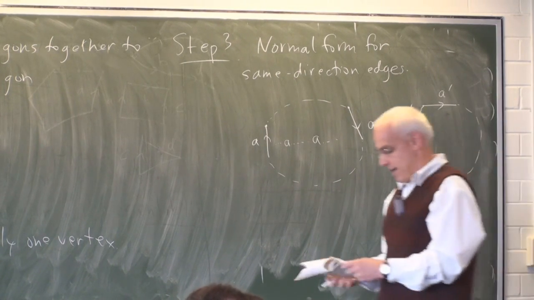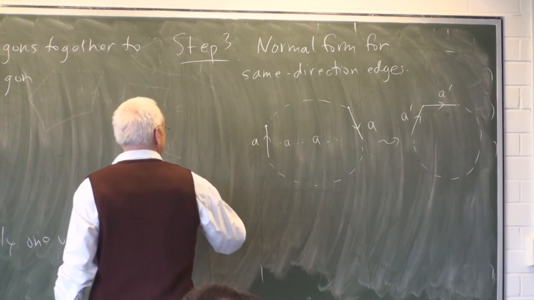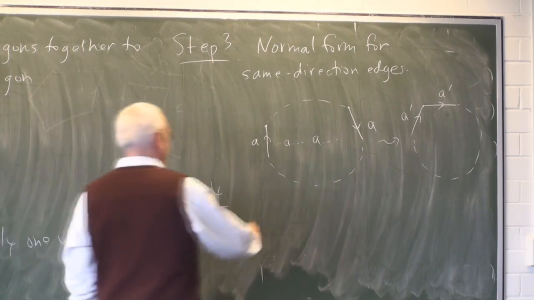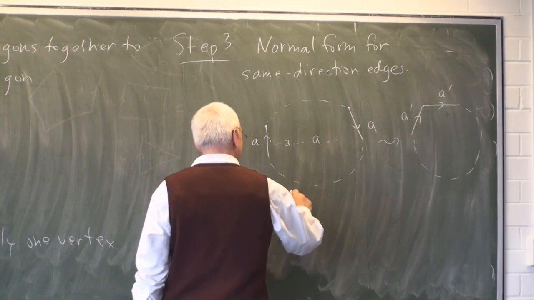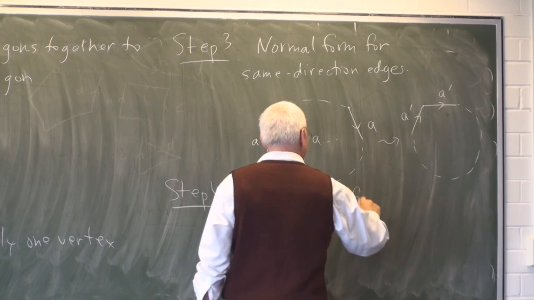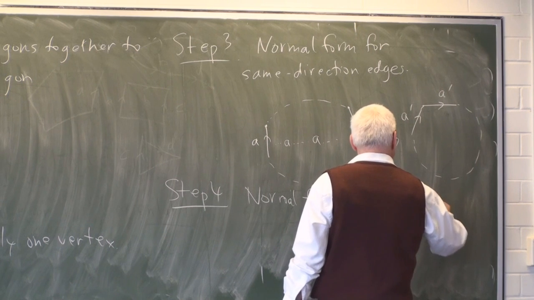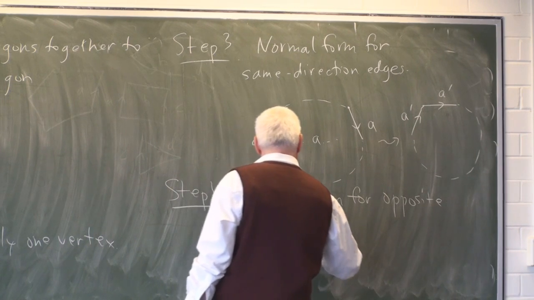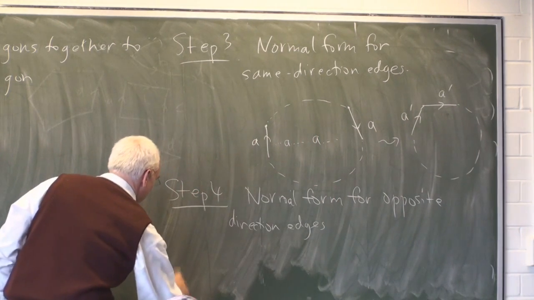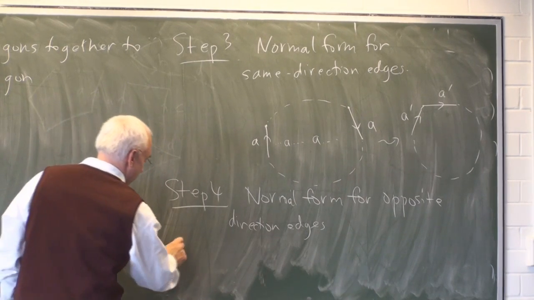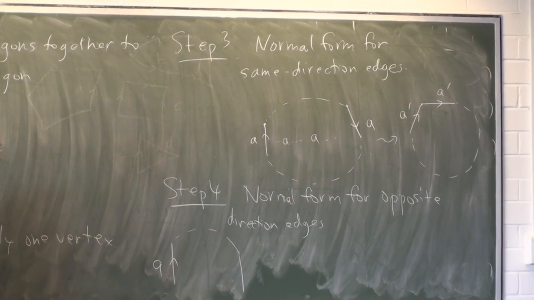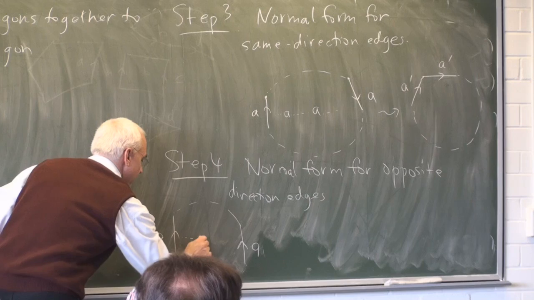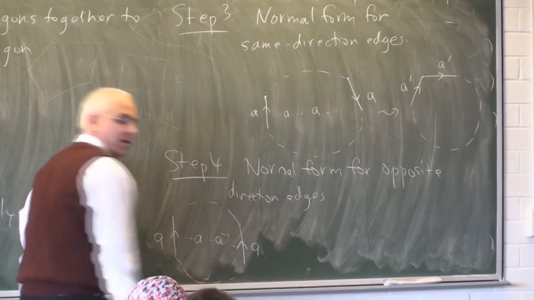And then we're going to have a look at the opposite direction edges. Step 4, to get a normal form for opposite direction edges. In other words, we're going to look for situations where we have an edge A, and then over here, the other A that appears is in the opposite direction. So there's a situation where we have a letter A appearing and another A inverse appearing.